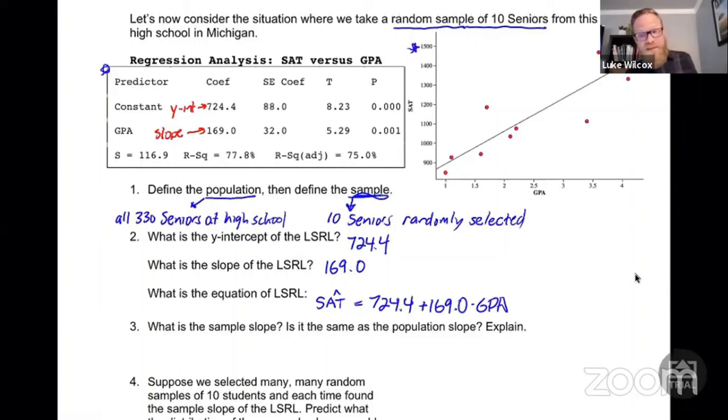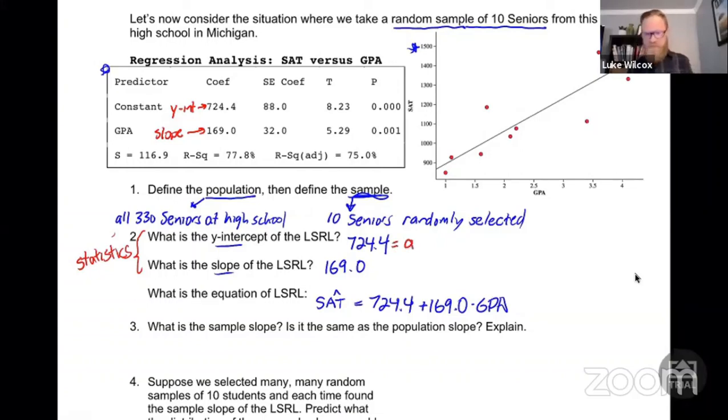Now, the thing that's different here is we are dealing with sample data. And so this value that we have for the y-intercept and for the slope is now a value calculated from a sample rather than a value calculated from the whole population. And for that reason, these are considered statistics, right? Remember, statistics are calculated from samples. Parameters are calculated from population. And once again, the notation or the symbols that we use is going to matter here. And this is the part that's going to look familiar to you from previously in the course.